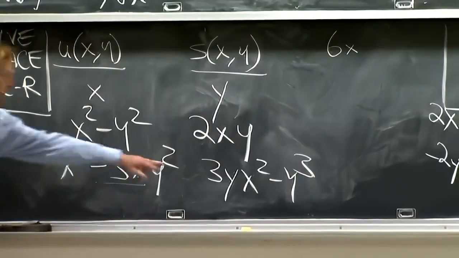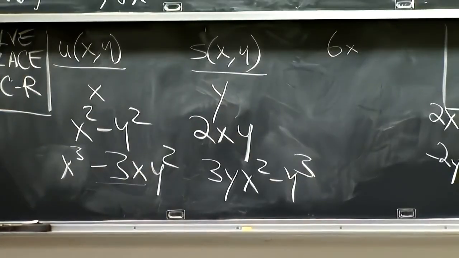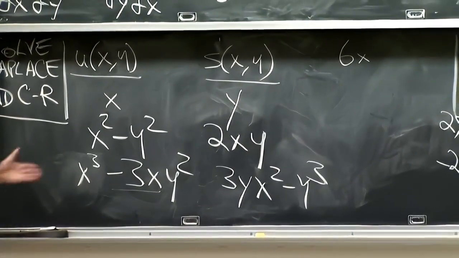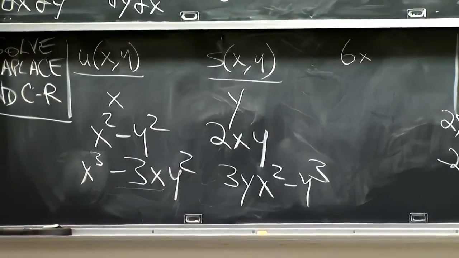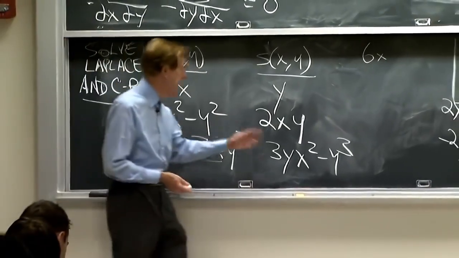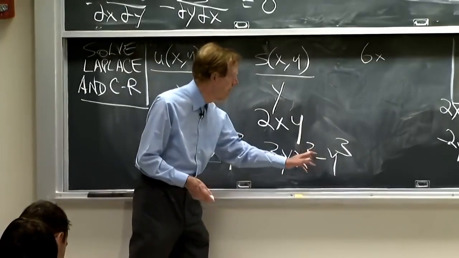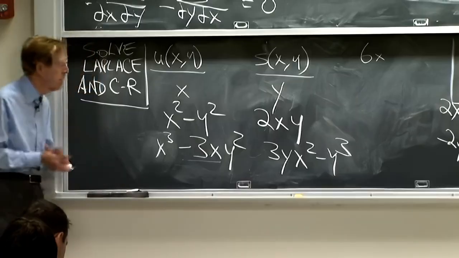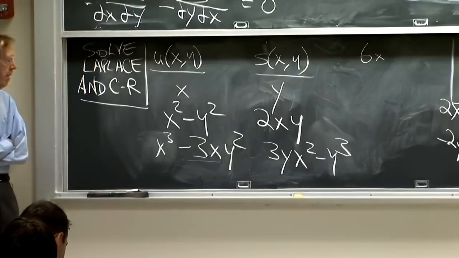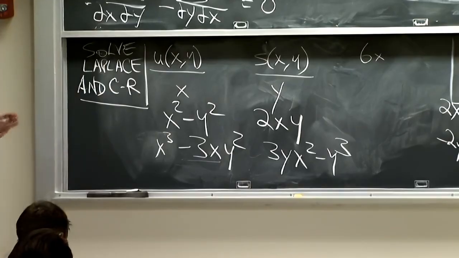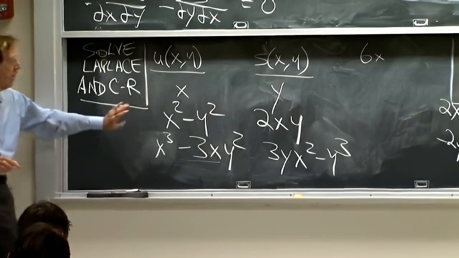If that worked, then this one should work too, because I've just switched x and y. The second x derivative will be 6y, and the second y derivative will be minus 6y, and I think that's good.